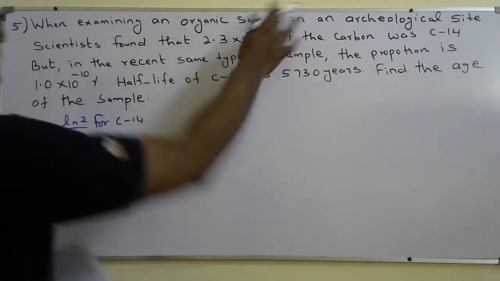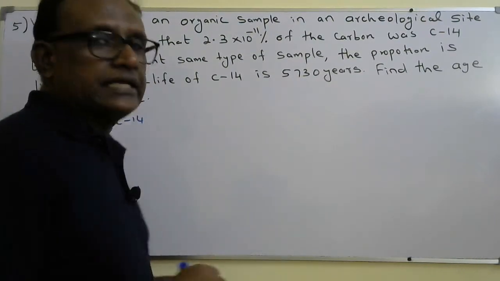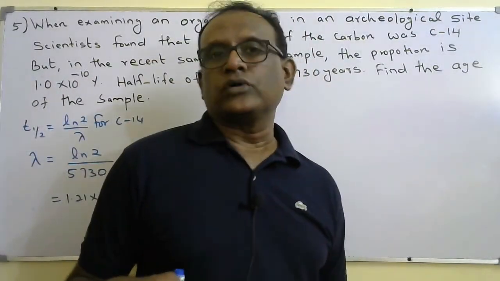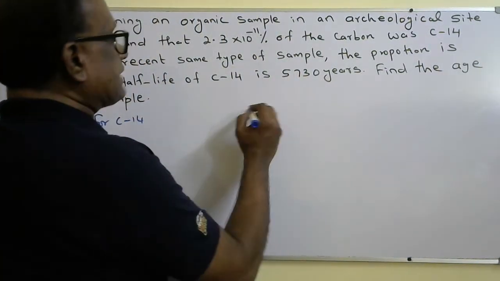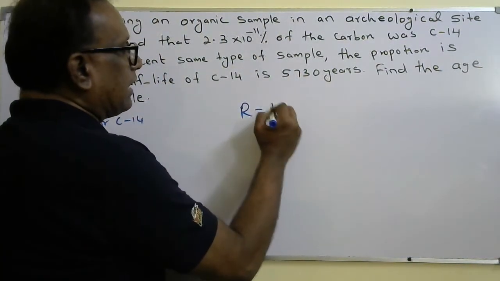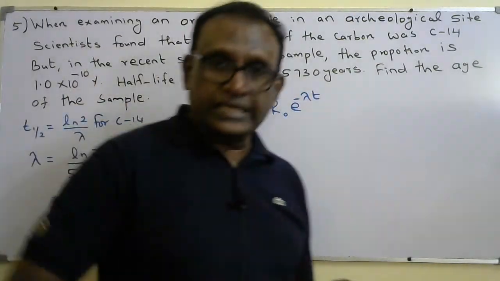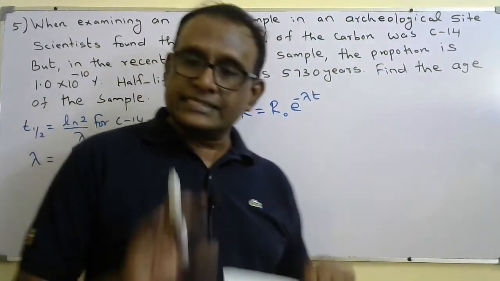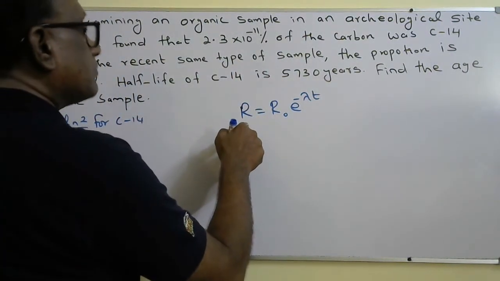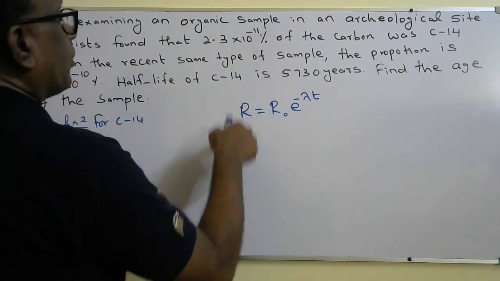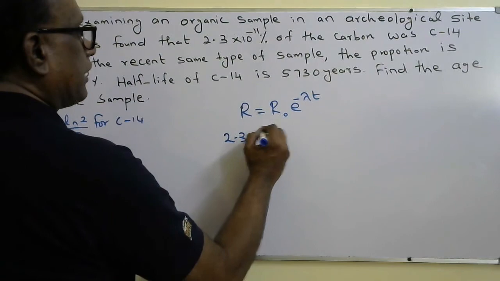Okay, so this is the ratio or percentage, whatever we can say, we'll say percentage. The ratio decreases exponentially: the carbon 14 to carbon 12 ratio, and so the percentage, also decreases exponentially due to the exponential decay of carbon 14 in the sample. Carbon 12 is stable, so it won't decay. Now this percentage, currently, when we check the sample found at the archaeological site, is 2.3 × 10^-11.